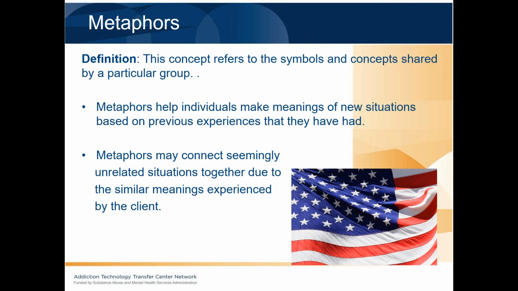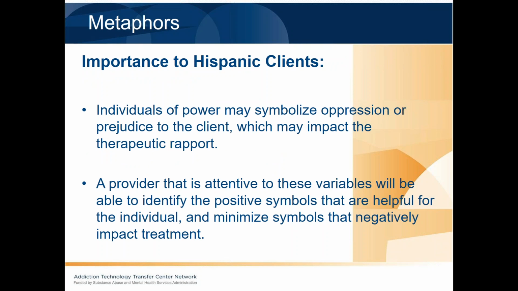And so it's being aware of that and realizing my symbols may be different, and even in our agency environments, those are areas where we can make changes, and just be aware of how that might impact them, and ask them, what is important to you, what is symbolic for you, in approaching change. And so the importance to Hispanic clients, individuals of power may symbolize oppression or prejudice.